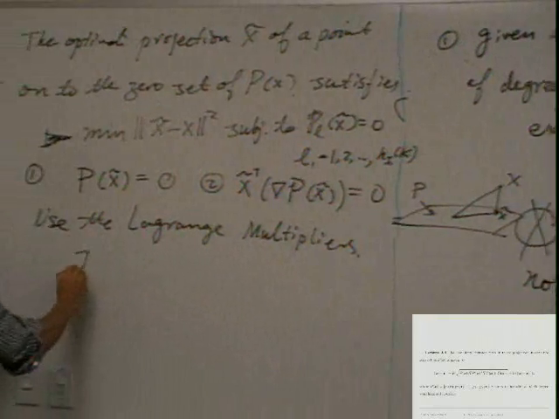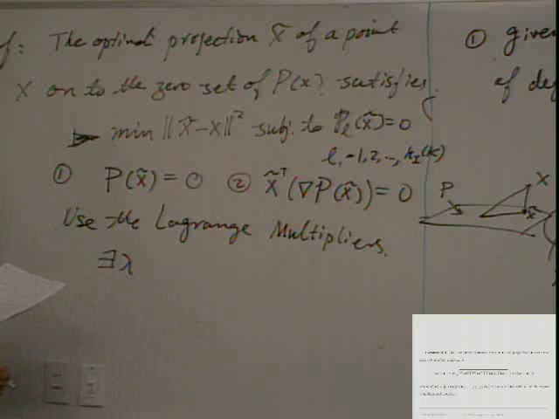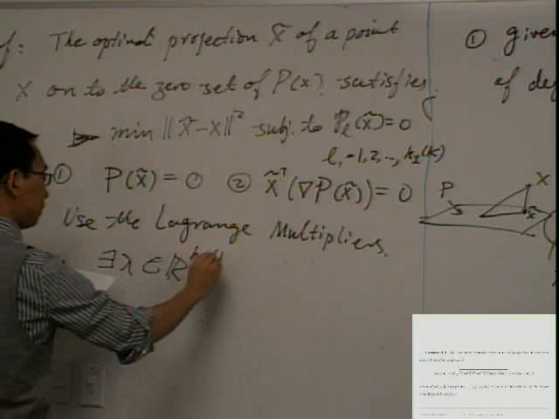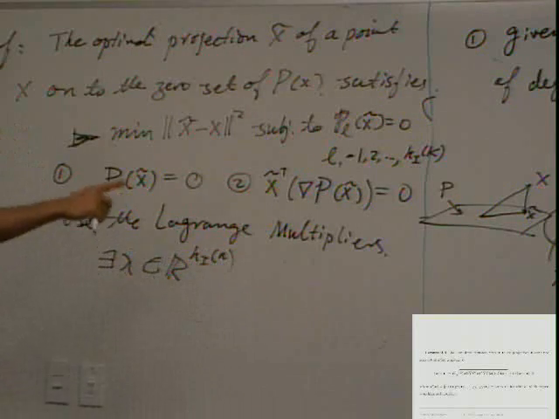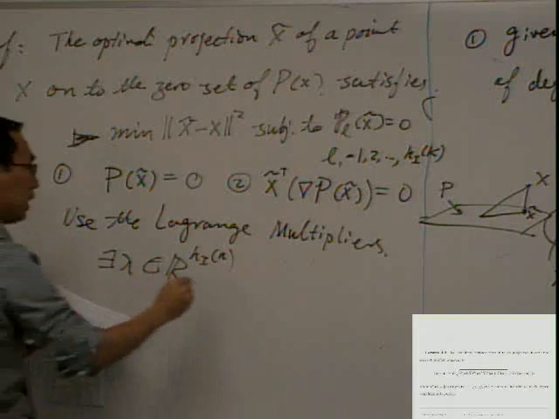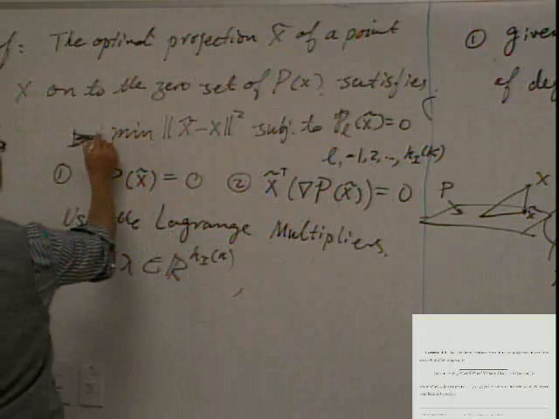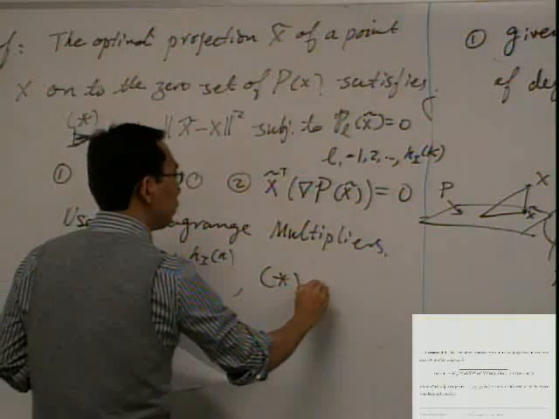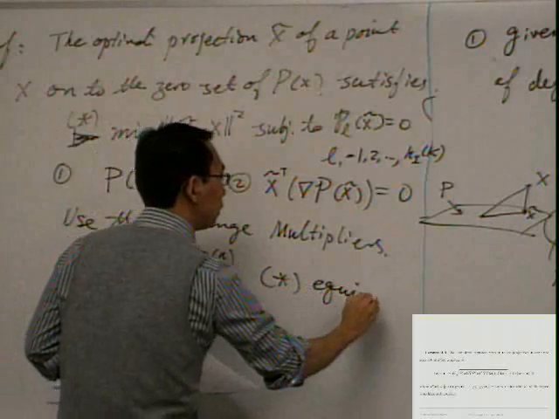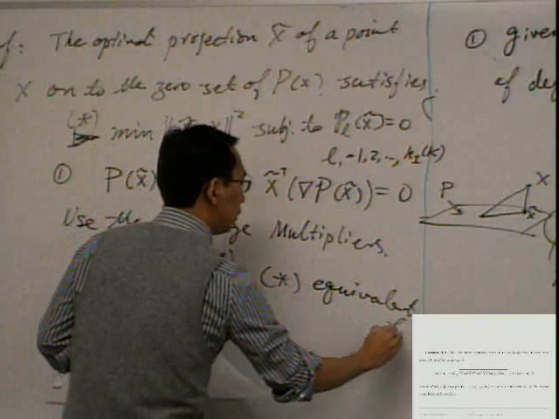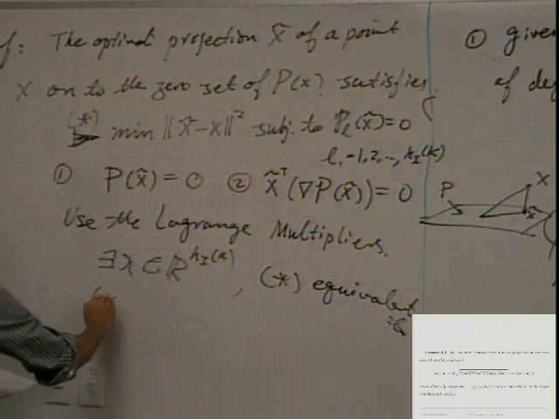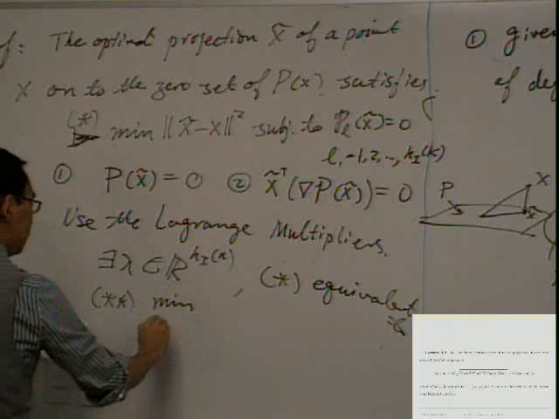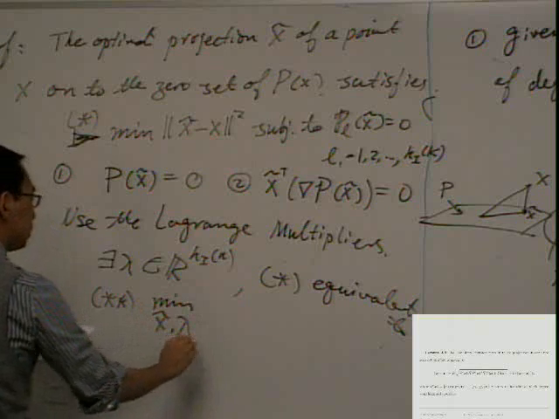There exists a lambda, which is a vector in the dimension of the Hilbert function value, such that this objective function star is equivalent to star star, which is minimized with respect to two terms.